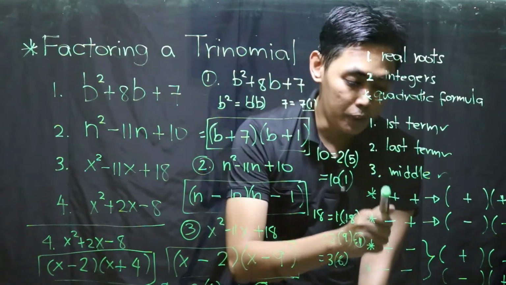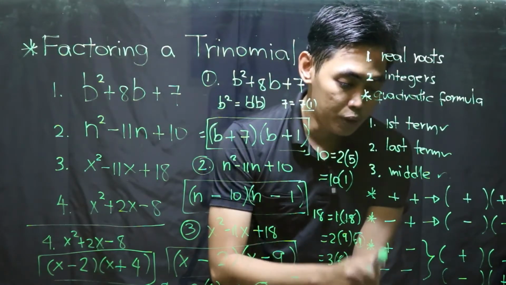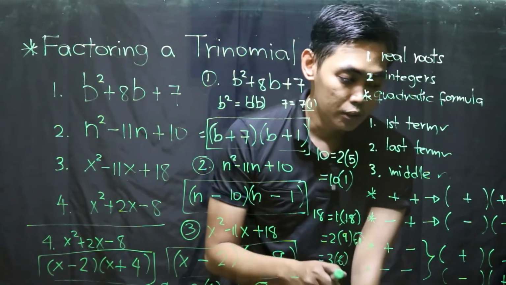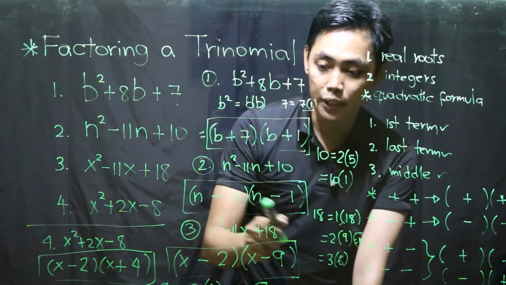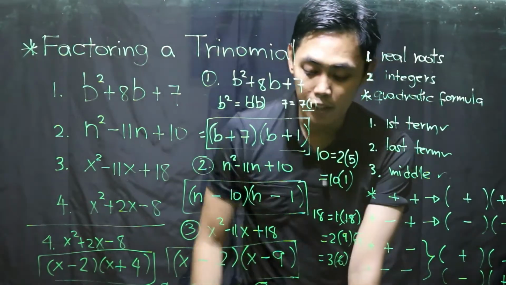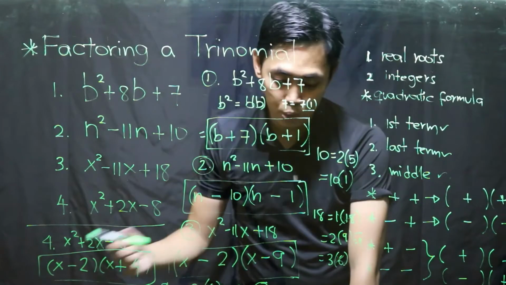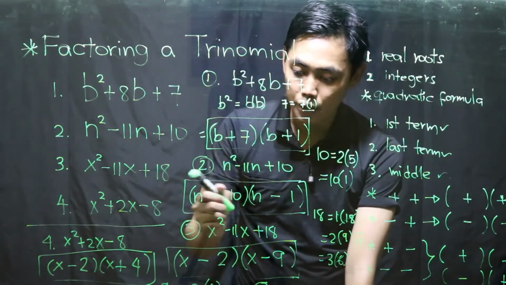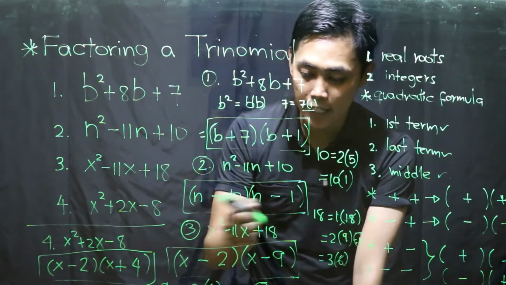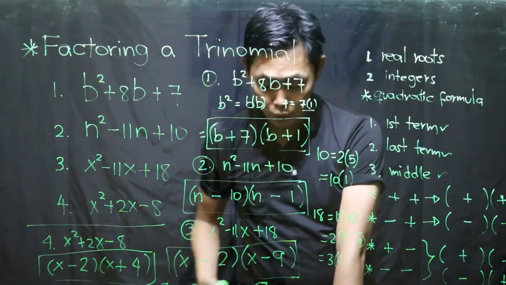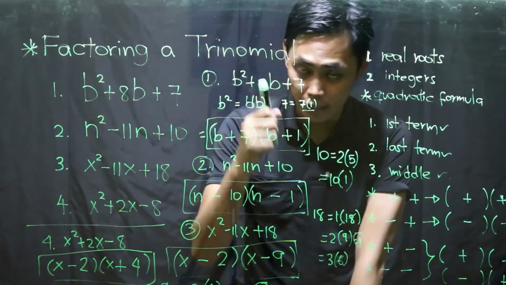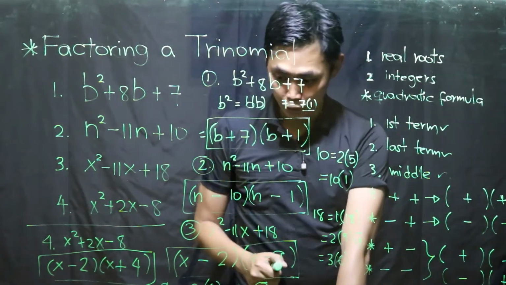And then lastly, you will need to use this process to determine the signs within the parentheses. And of course, you can check your answers. You can do trial and error, meaning you can just put the signs there and do it over and over again until you get the exact answer.